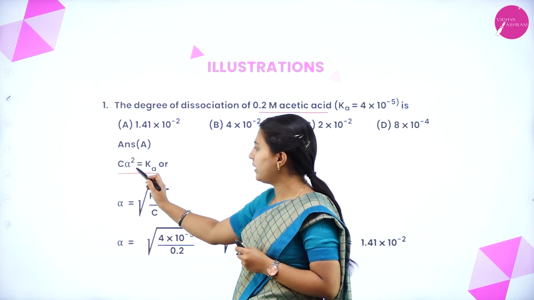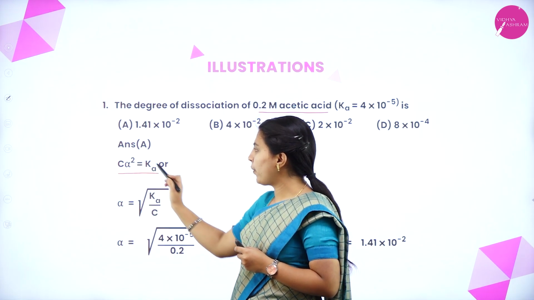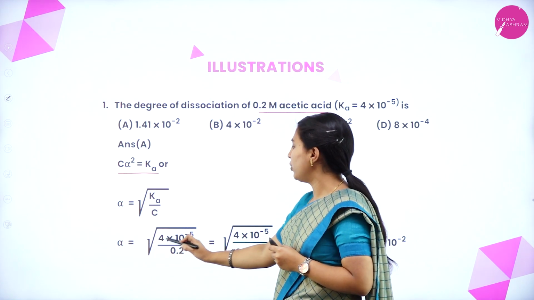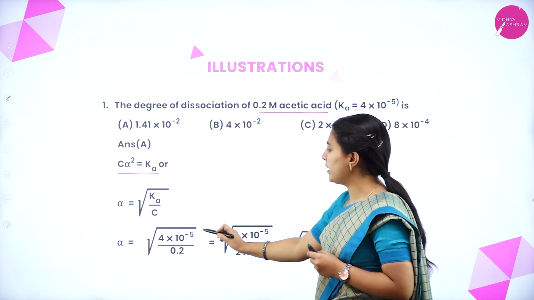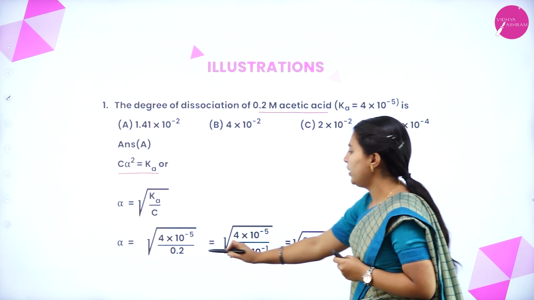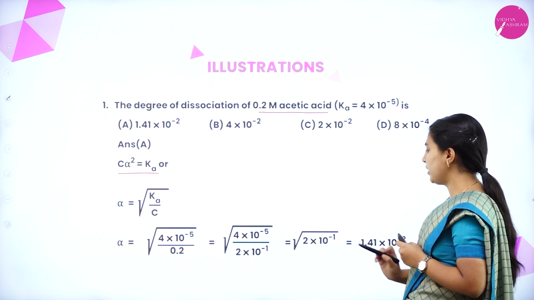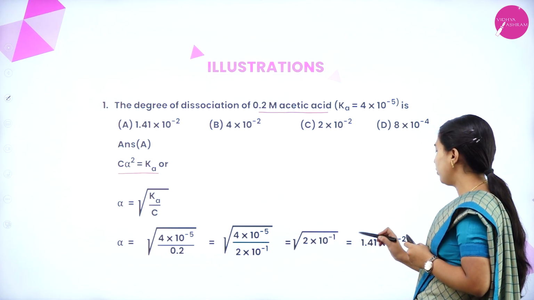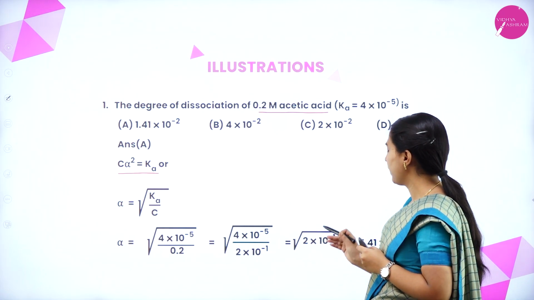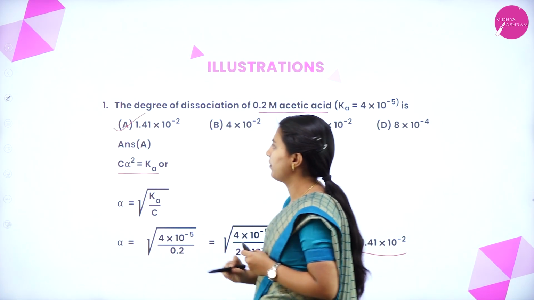Here we have to calculate alpha. Alpha equals root of Ka by C, that is 4 into 10 to the power of minus 5 divided by 0.2, which is 2 into 10 to the power of minus 4 divided by 10 to the power of minus 1. Alpha equals 1.41 into 10 to the power of minus 2. This is the answer, 1.41 into 10 to the power of minus 2, option A.